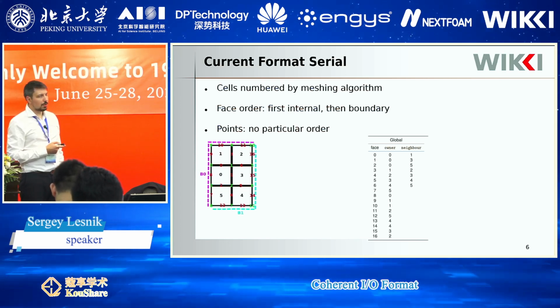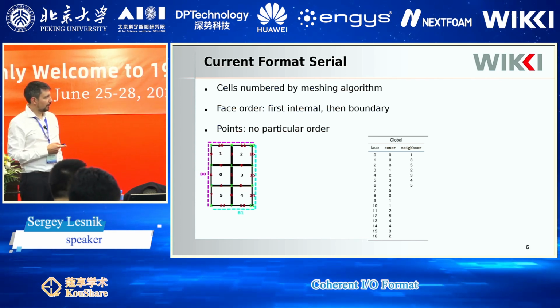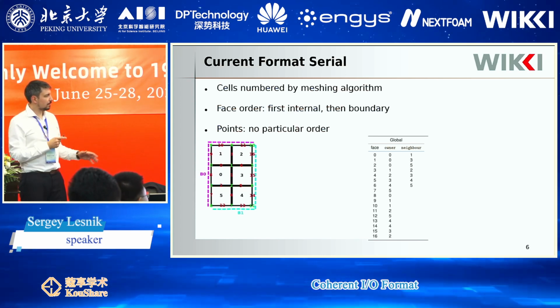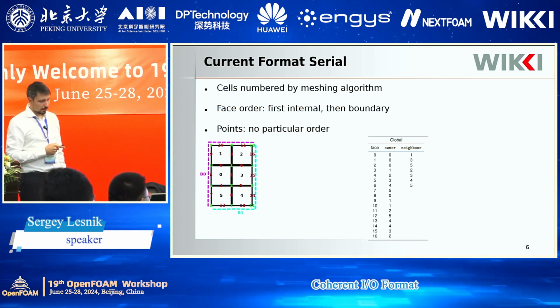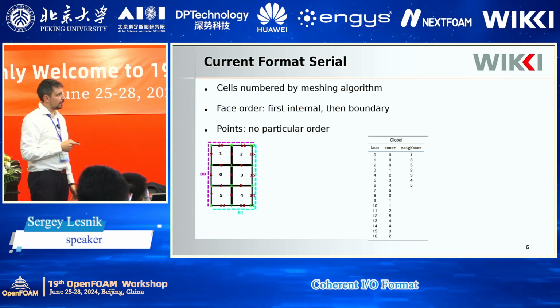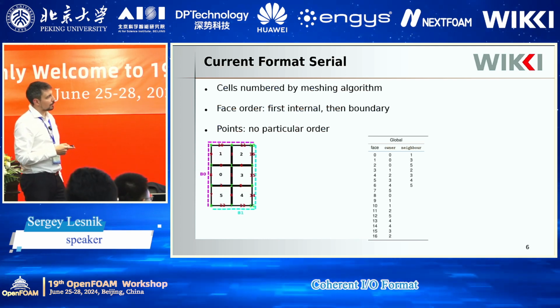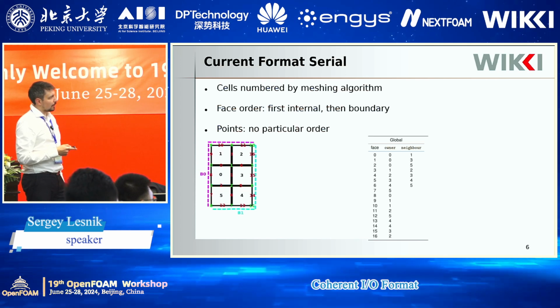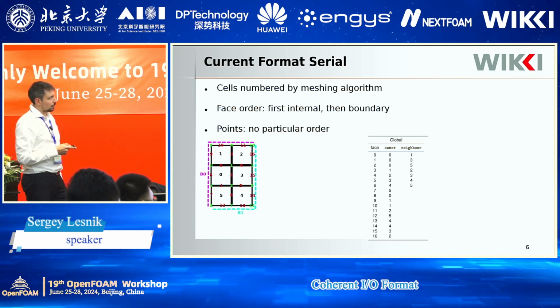For points, there is no particular order. Points are green here, but there is no scheme behind it, or at least no obvious scheme. And that's how you write it down.